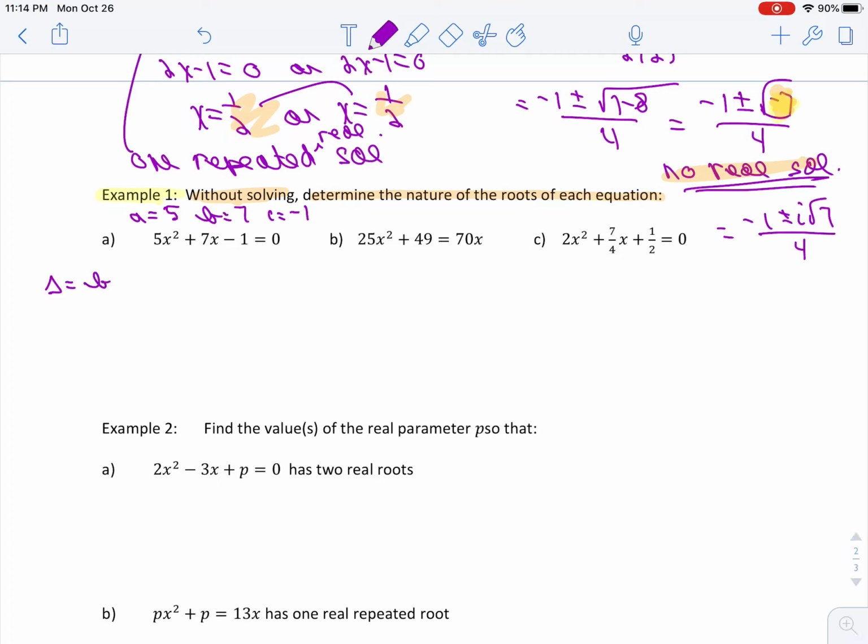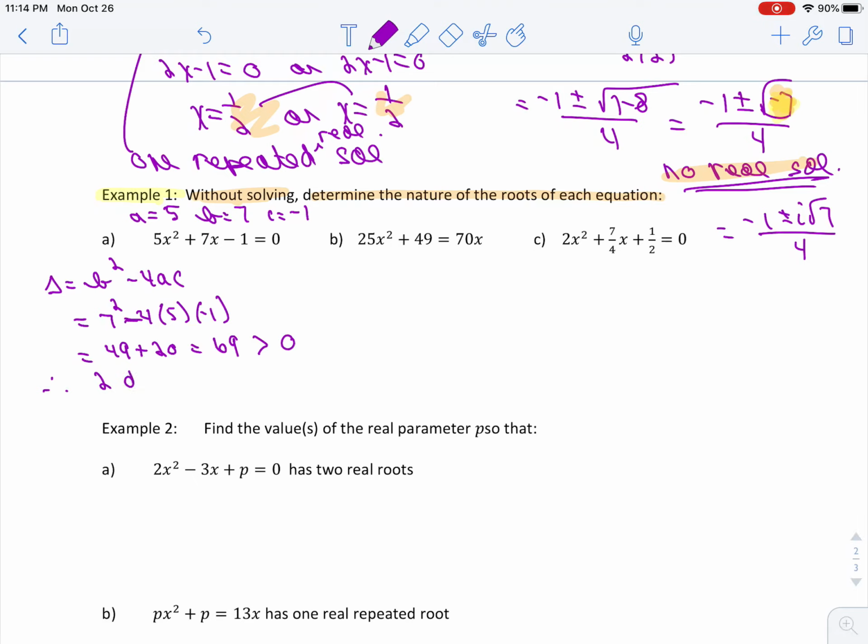So the discriminant then, which is b squared minus 4ac, is going to be 7 squared minus 4 times a, which is 5, times c, which is -1. So we end up with 49 plus 20, because we've got the -4 here times the -1 over here, which is 69. And so 69 is positive, it's greater than 0.